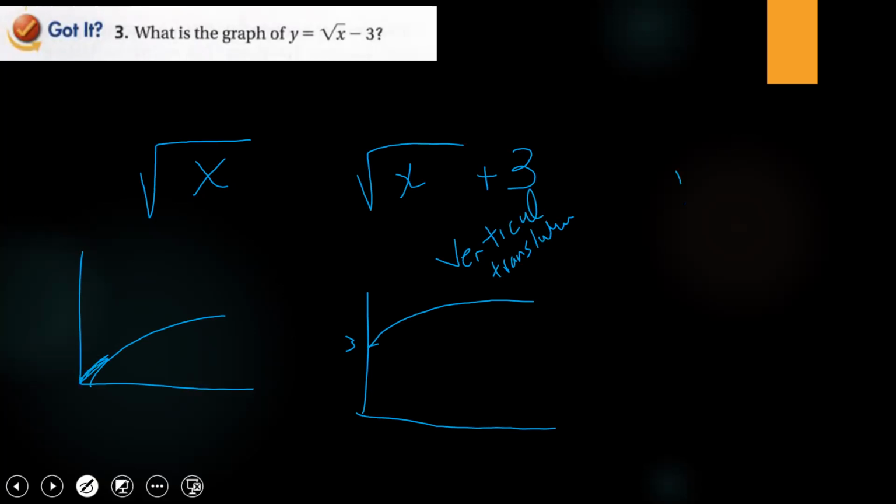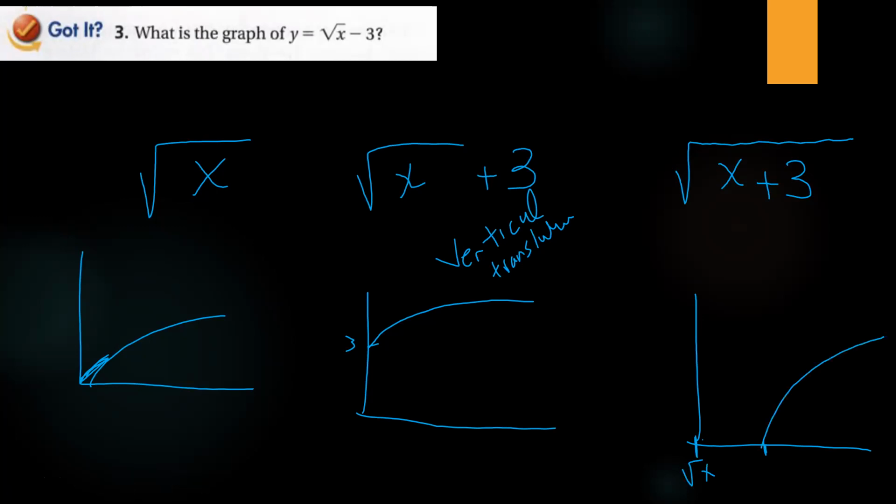But if we have the number under the square root like this, how can I graph it? I will make a horizontal translation. That means here we have the square root of x, and here we will shift it to the right by 3 units. So it will be here.